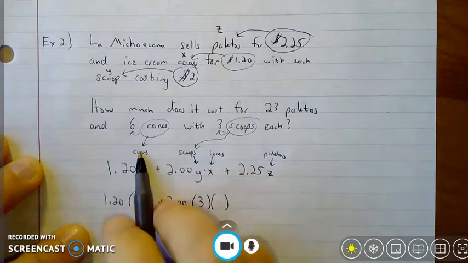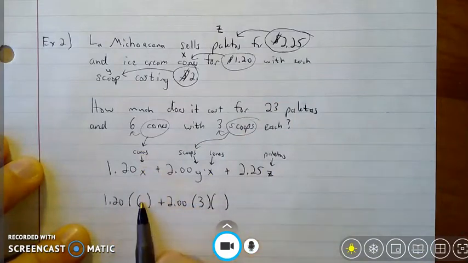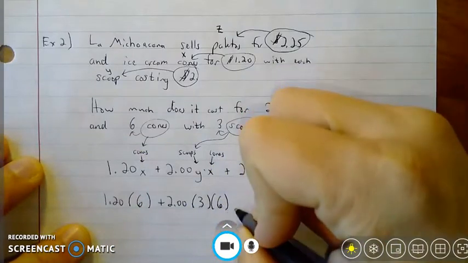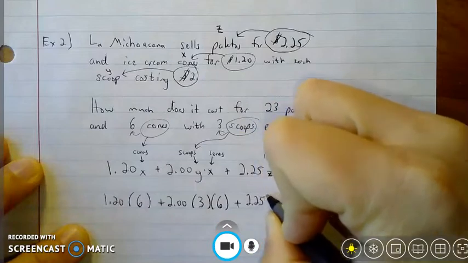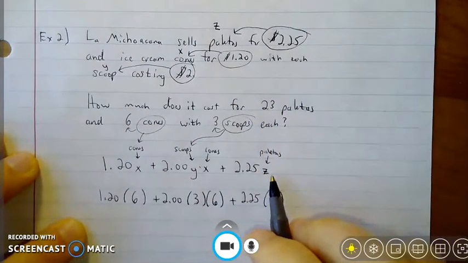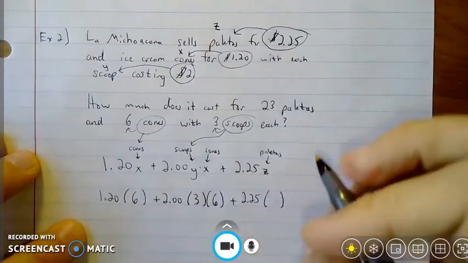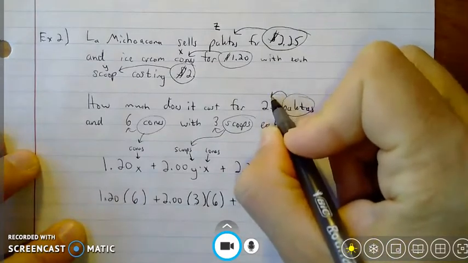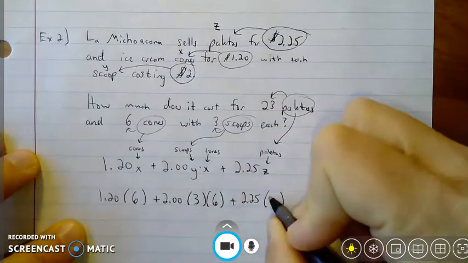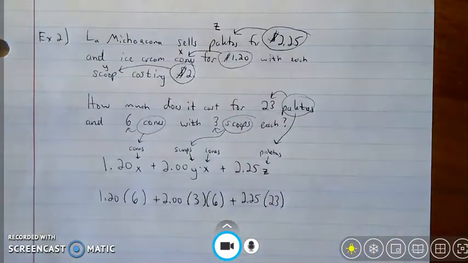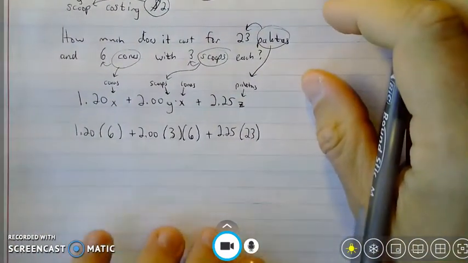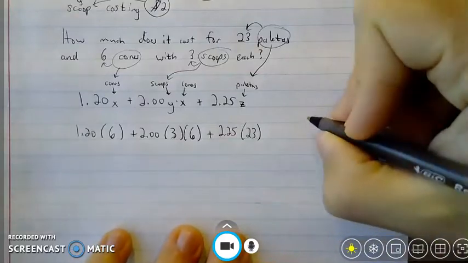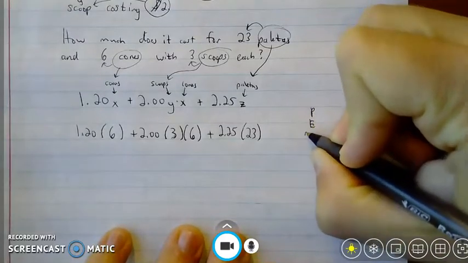So we had x, which was cones, and it was 6. It's the same variable x, so it's the same value of 6. Plus 2.25, and instead of z, we're going to put in our number for paletas, and we have 23 paletas, so that is what we're going to put in place of z. So now we can go through and we can start simplifying.